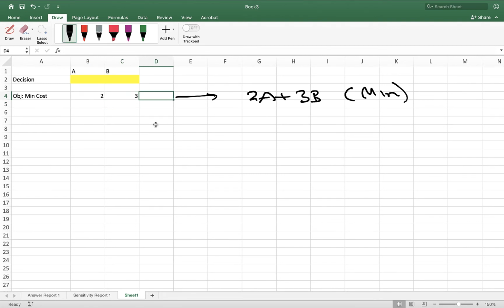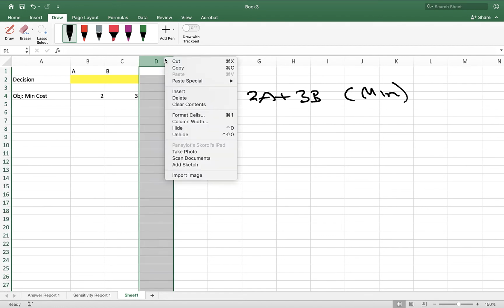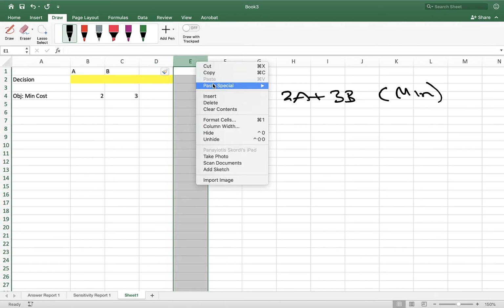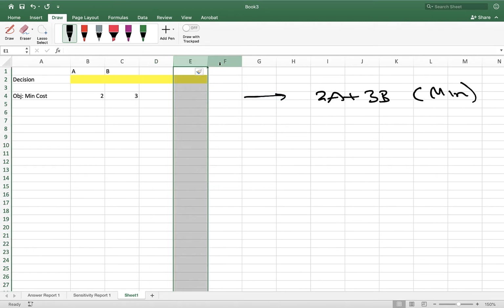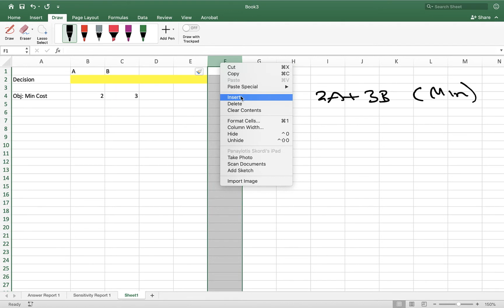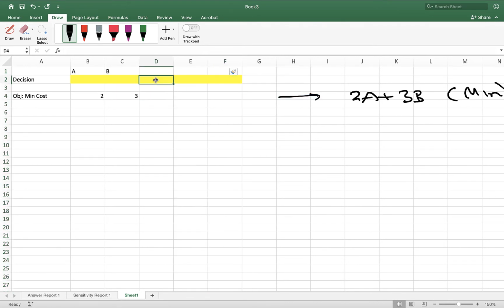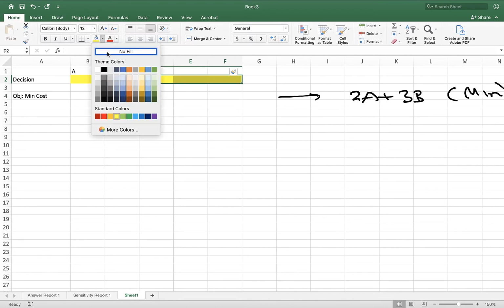I'll add some spaces in here. Maybe I don't want that, but never mind. Just insert a few spaces. Okay, let's put no color in here.